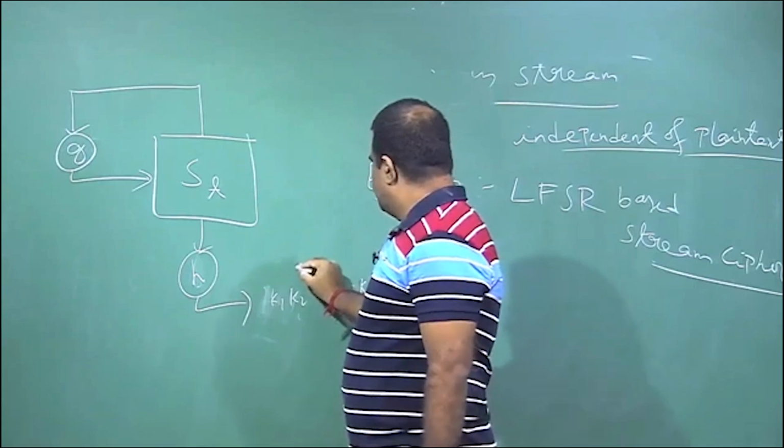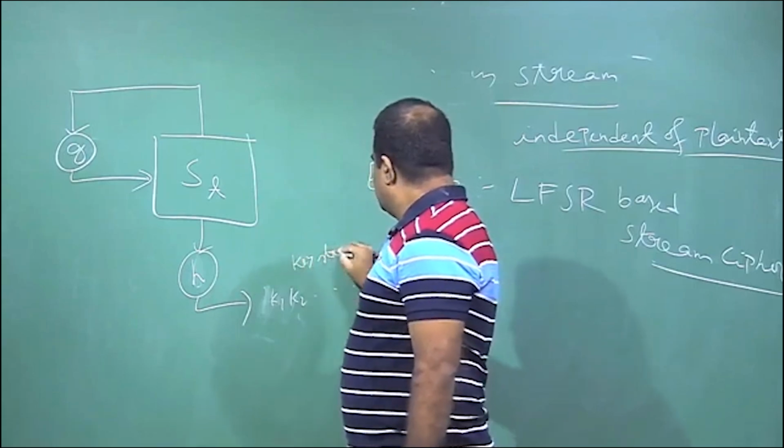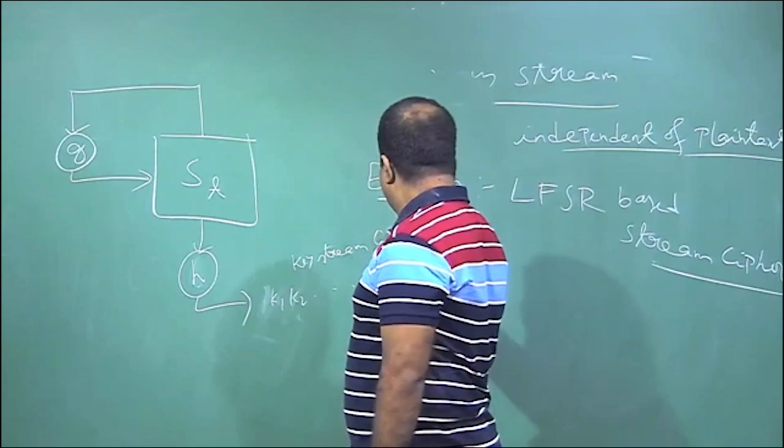So, this is the key stream, the pseudo random bit generator.